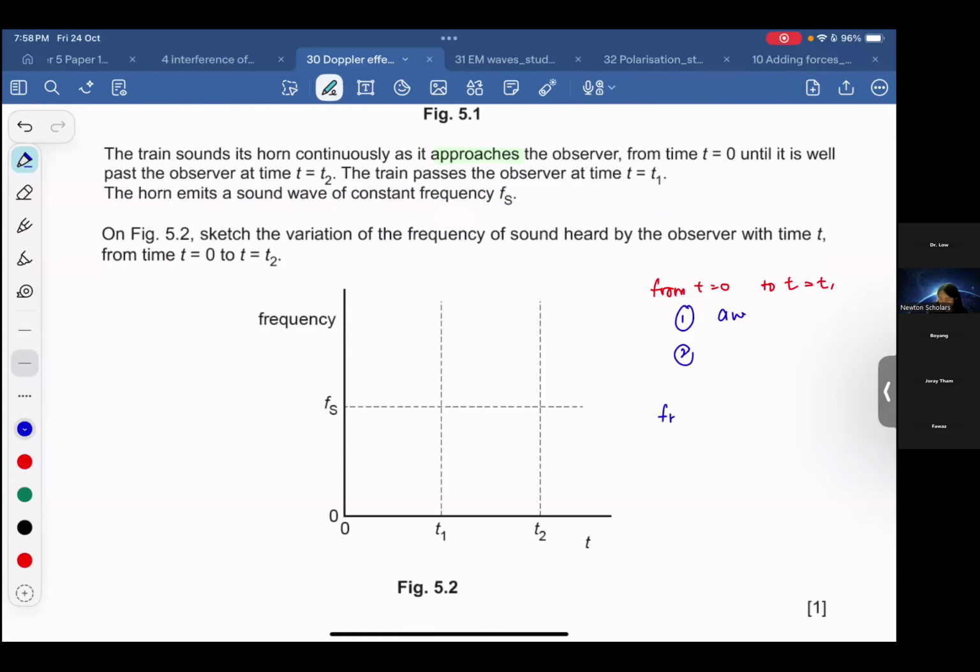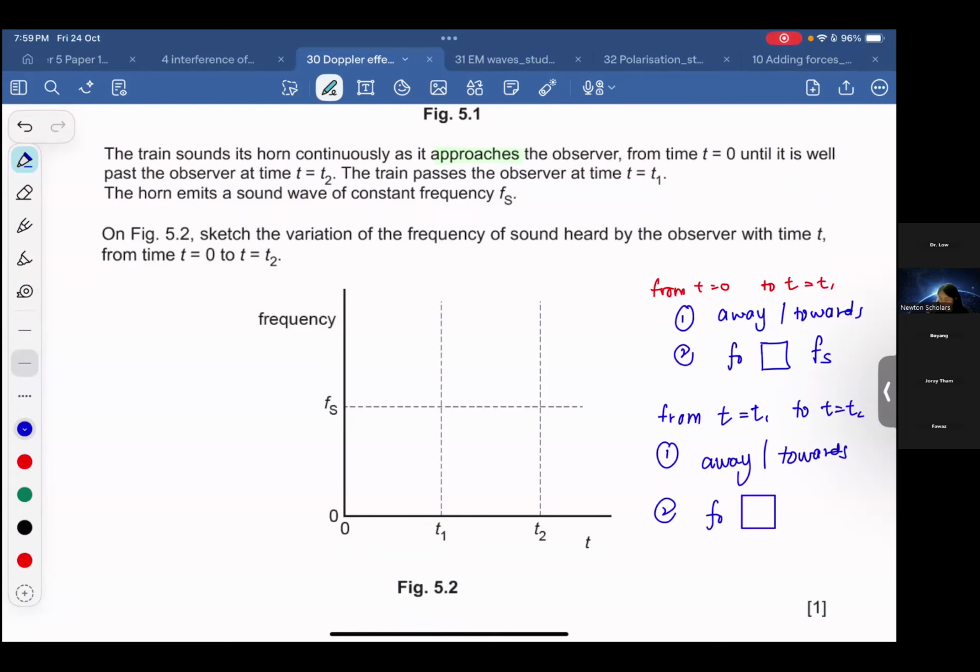So your observed frequency, should it be higher or lower than your source frequency? From t equals t1 to t equals t2, again ask yourself, away or towards? Second question, is your observed frequency greater or smaller than your source frequency?